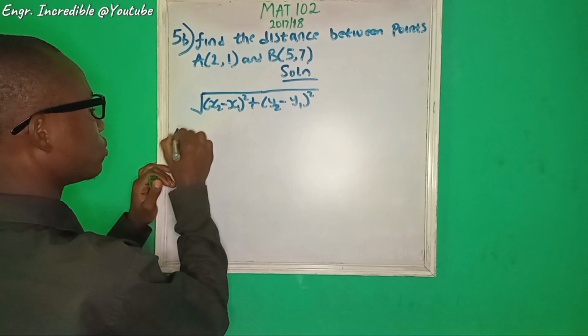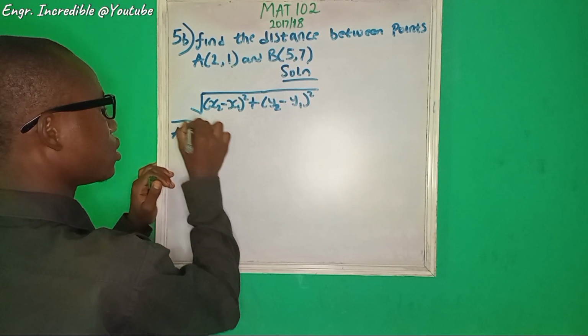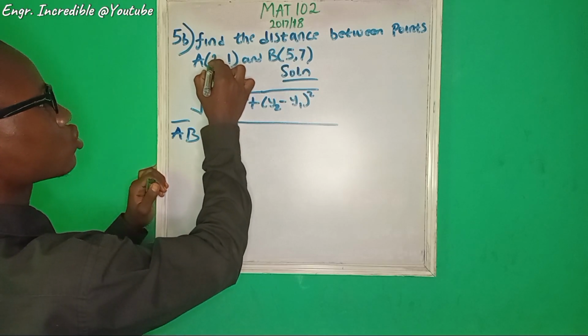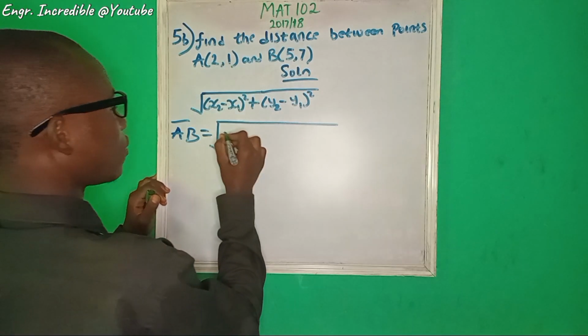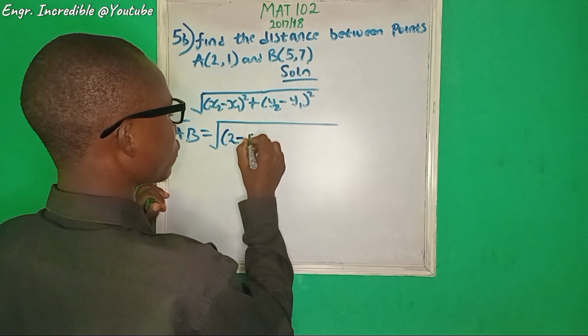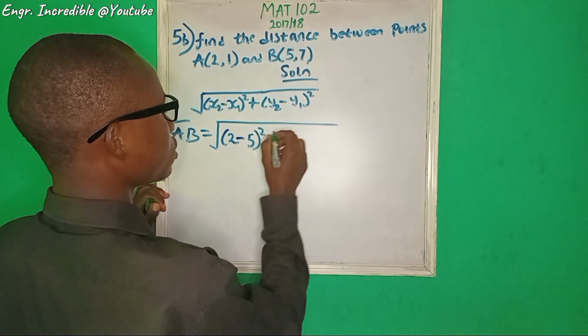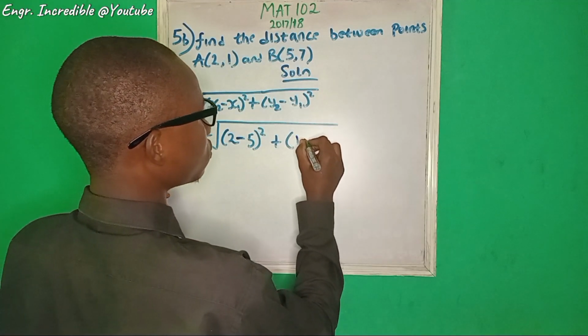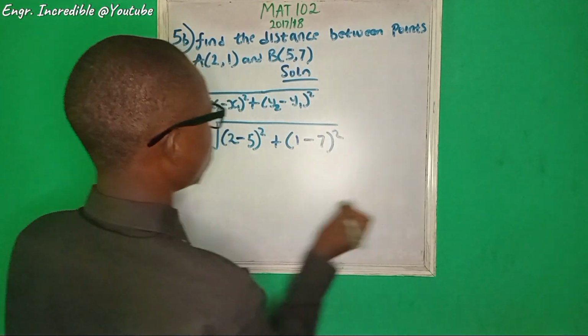So our line AB here will be given as the square root of, what is our x2? We can pick this one as x2. We have in brackets 2 minus 5, then we square it, plus our y, this one is 1 minus 7, then we square it.